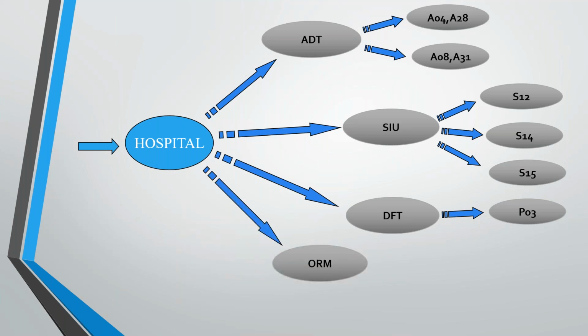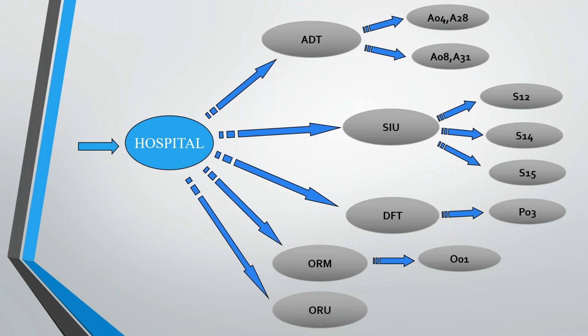And then we have ORM. ORM is nothing but observation request message, which means an order message. You are sending this order message to the lab system, and it is represented with the help of ORM O01. And we have one more, which is ORU. ORU R01 represents the result message.